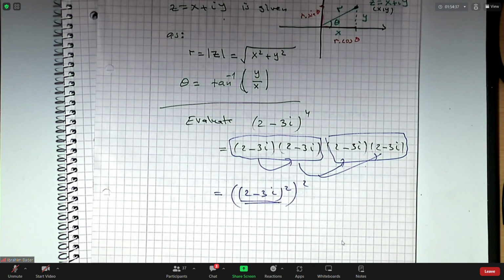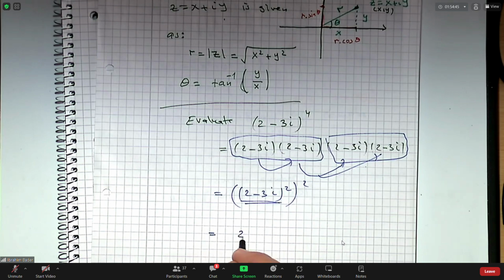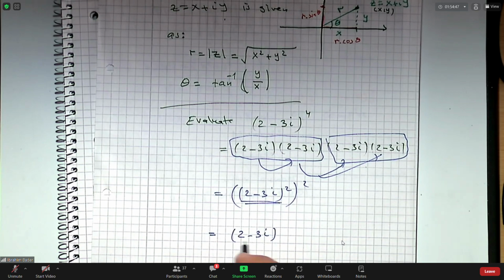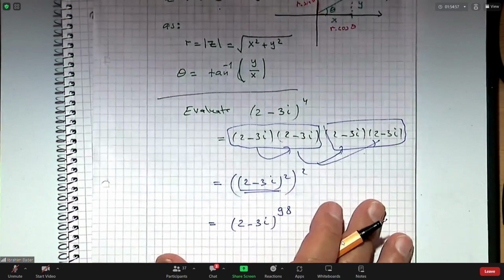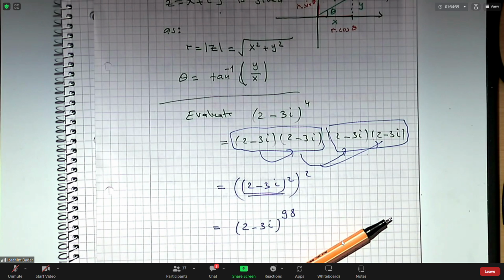You think you will manage it? Okay. But I am sure, 100%, if I ask you 2 minus 3i to the power 98, for instance, same thing? So how many days would you need?